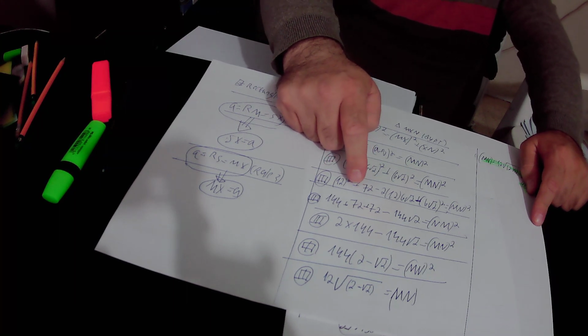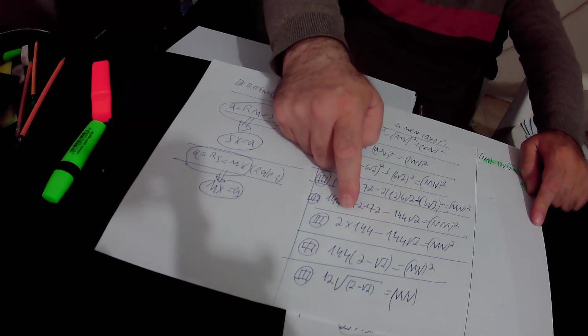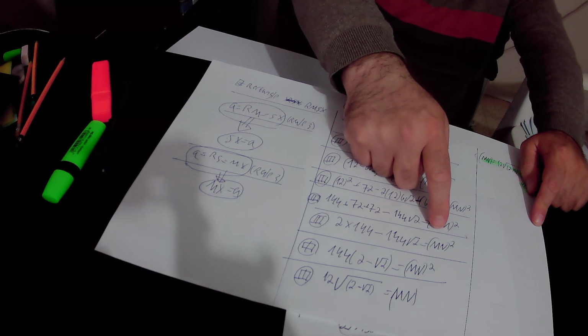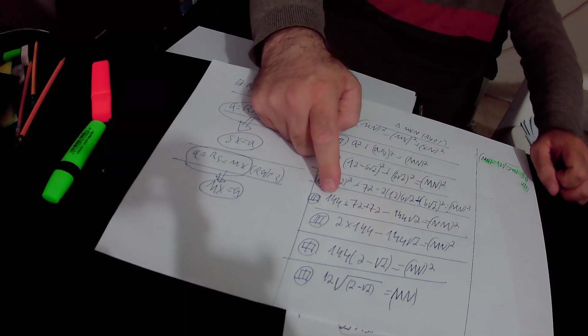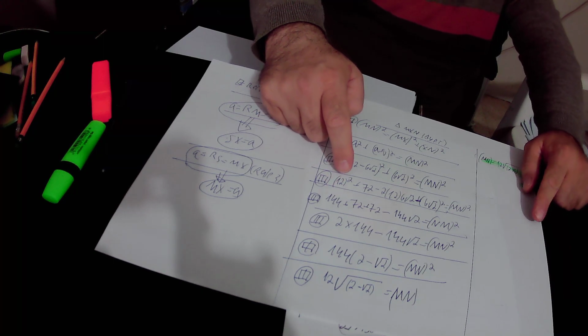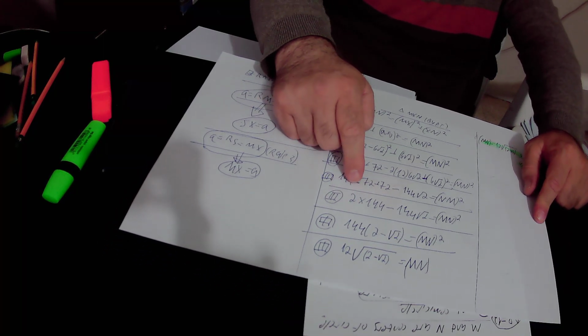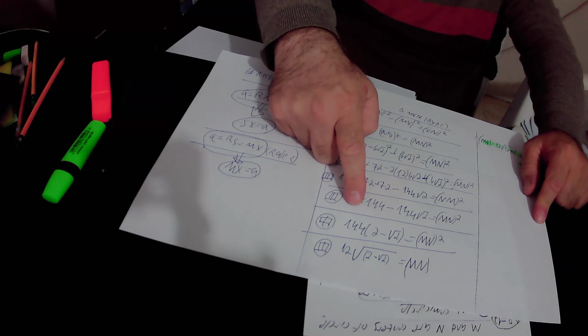72 plus 72 is 144, and 144 plus 144 is 2 times 144, minus 144 times square root of 2 equals MN square. We took 144 as a common factor out of equation number 3. What is left from 2 times 144 after we took 144 out?